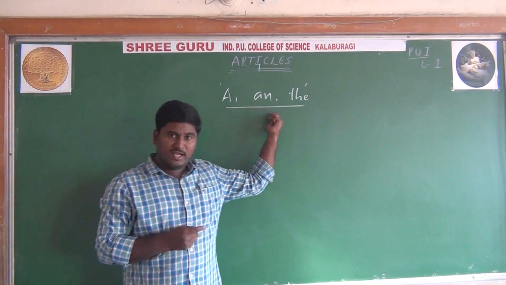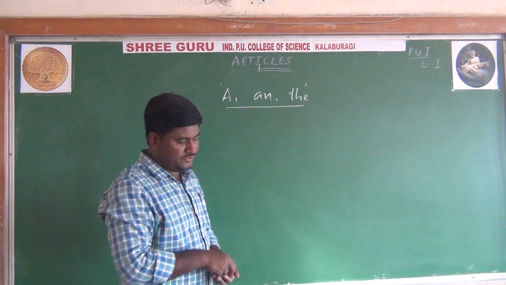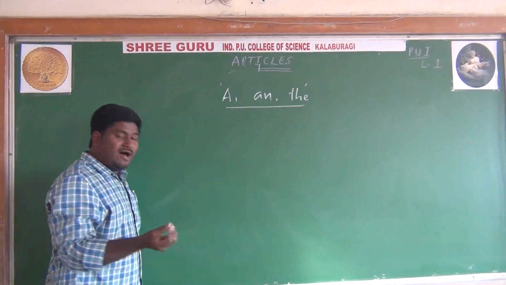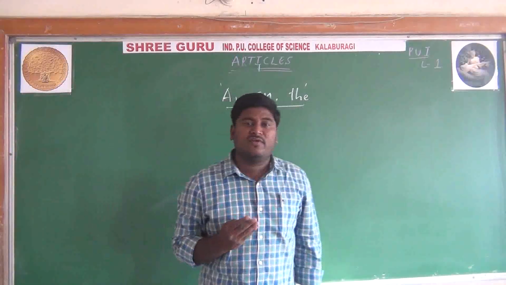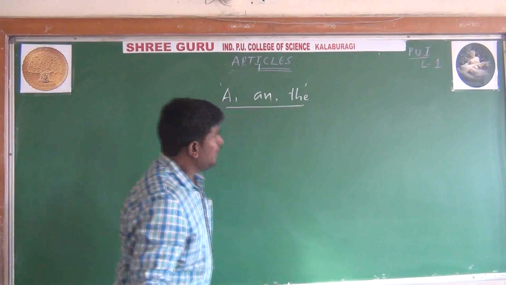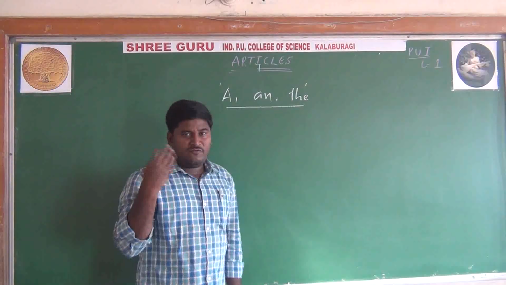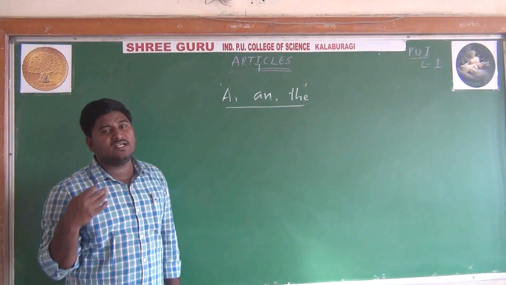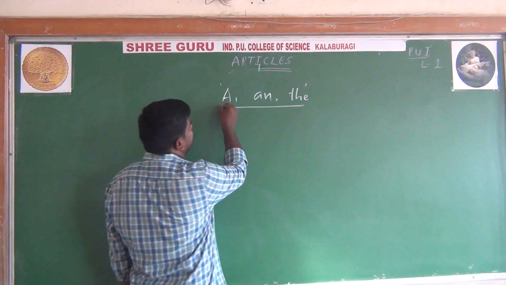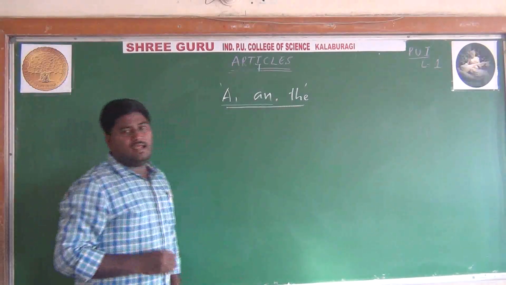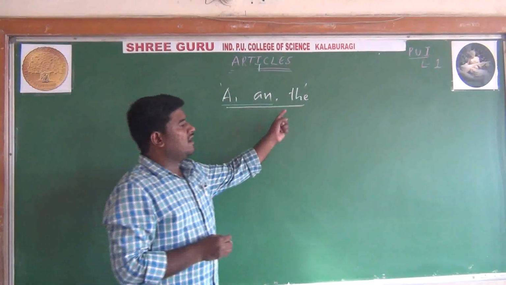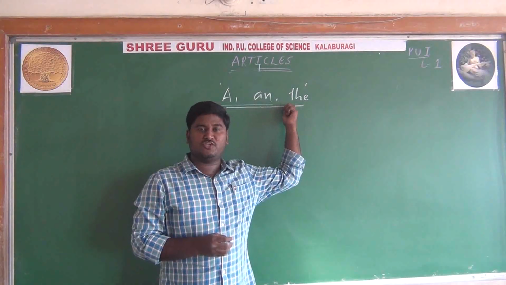Again, these three have been divided into two types: definite and indefinite articles. Indefinite articles are a and an, and the definite article is the.